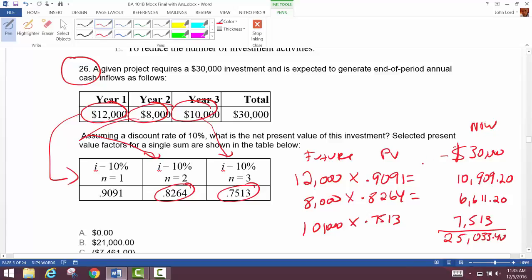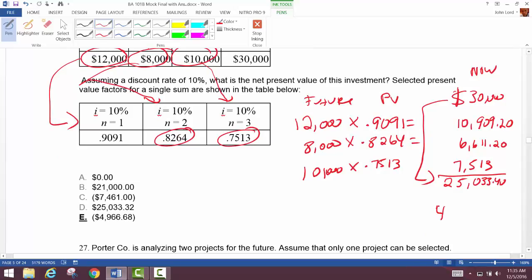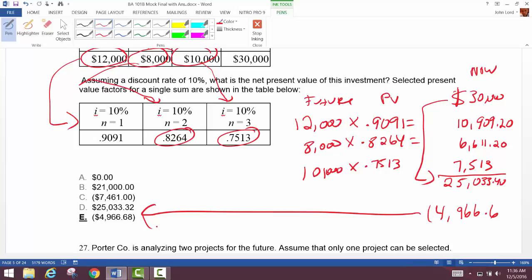When I compare that to the 30,000, I get a negative net present value of 4,966.6. I guess they carried the decimals out a little more than we did, but this is the right answer. Now, would you do this project? You would not, because it has a negative net present value.